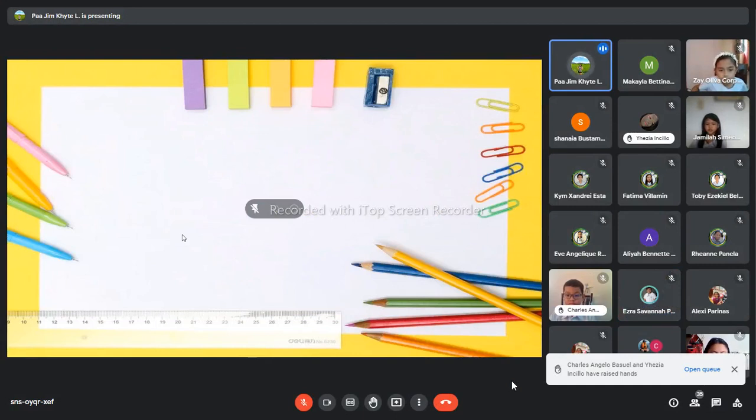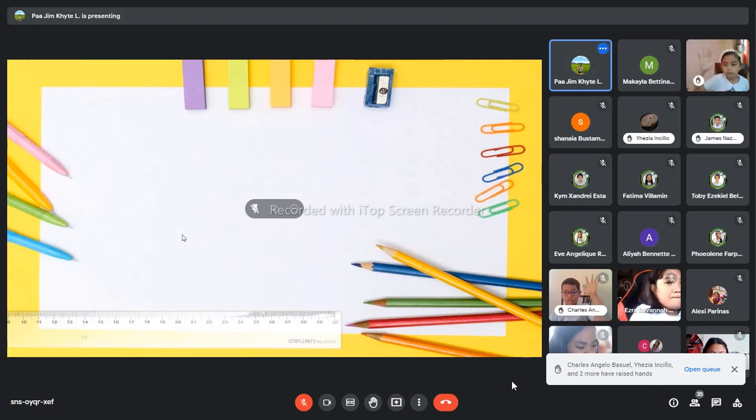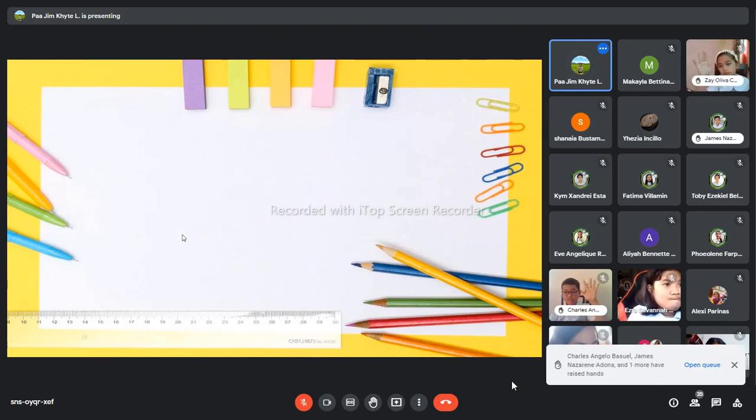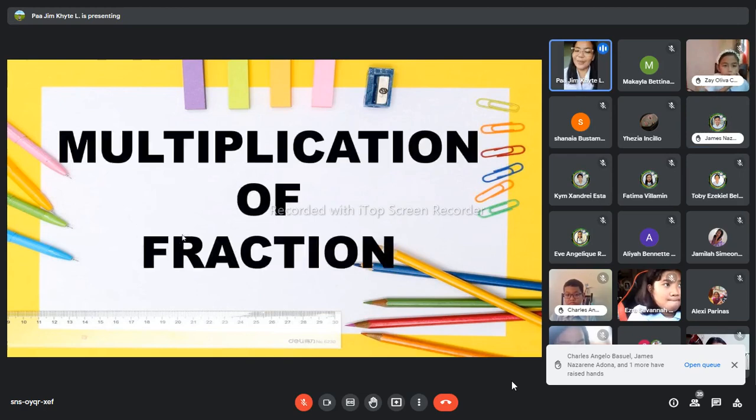Based on the words that we formed, what do you think is our lesson for today? Anyone? James? Multiplication of fractions, ma'am. You're right.